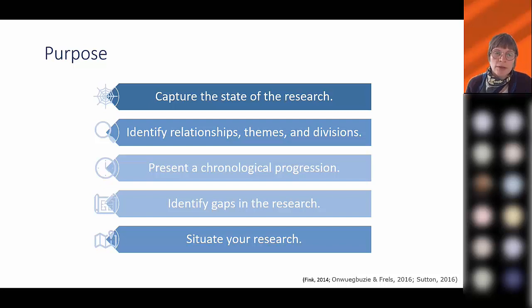So the key features of a literature review identify where gaps exist within the current field of research and locate your own research within the context of existing literature. Where does your paper fit into this, and why is it important?